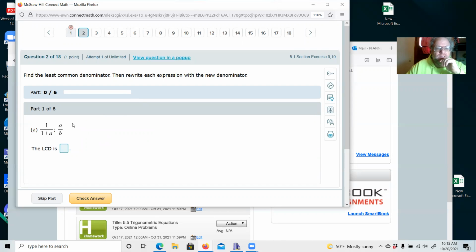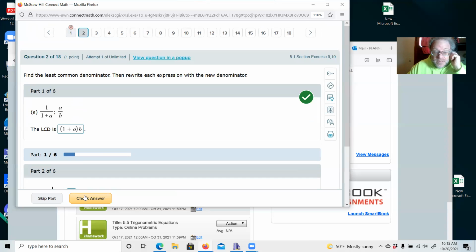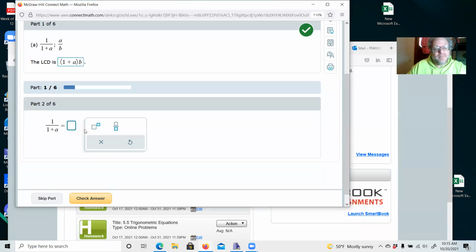All right, so what are we doing? This common denominator is going to be parentheses 1 plus a, b. Because that's what I would do to make a common denominator. So 1 over b is going to be b over 1 plus a, b.